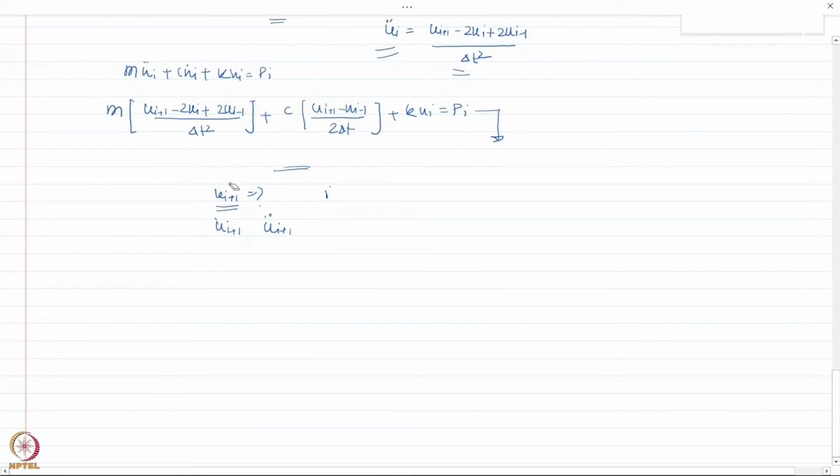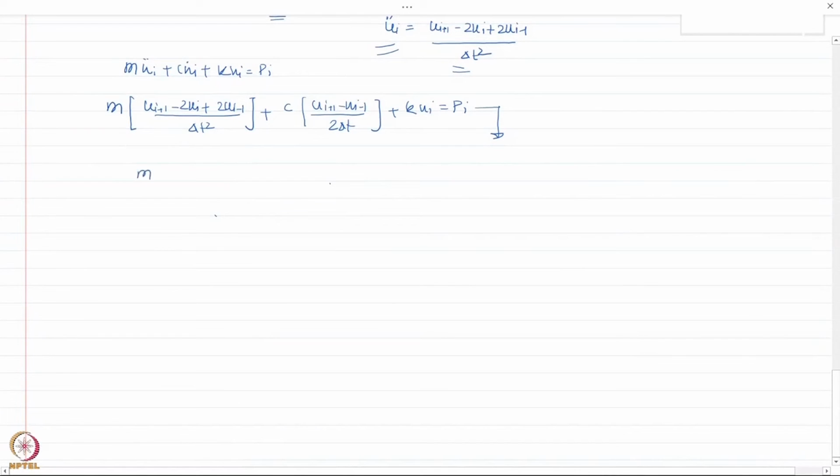If you rearrange this, it can be written as (m divided by delta t square plus c divided by 2 times delta t) times u_{i+1}, which should be equal to p_i minus (k minus 2m divided by delta t square) times u_i, minus (m divided by delta t square minus c by 2 delta t) multiplied with u_{i-1}.